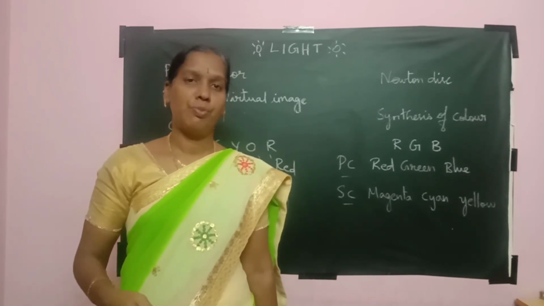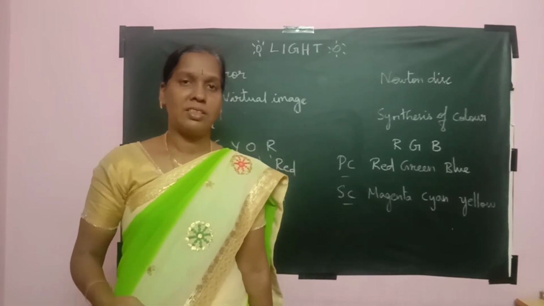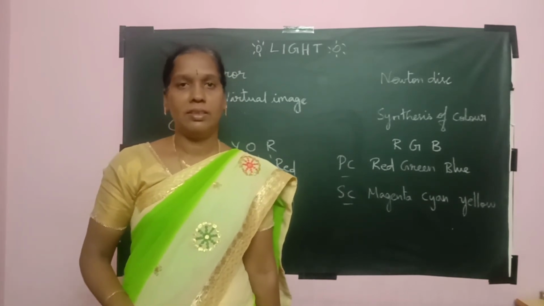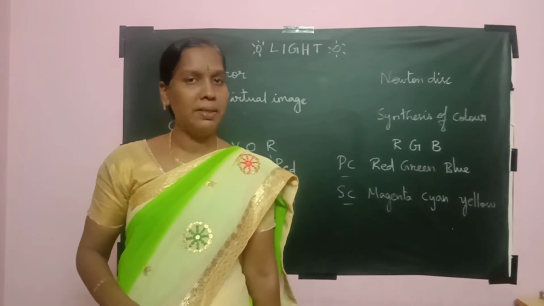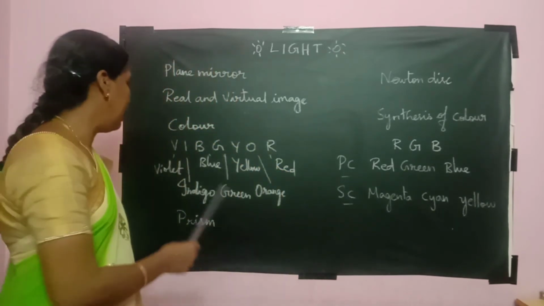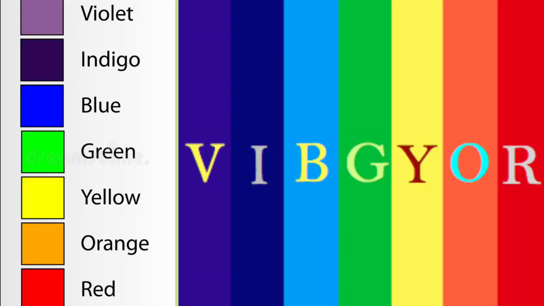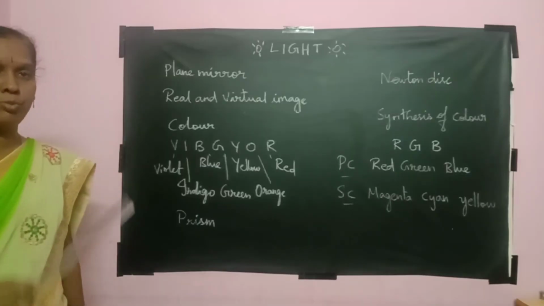Each wave possesses a wavelength which has a particular color. So the band of visible light can be given as VIBGYOR, that is, V for violet, I for indigo, B for blue, G for green, Y for yellow, O for orange, and R for red. The short form is VIBGYOR.